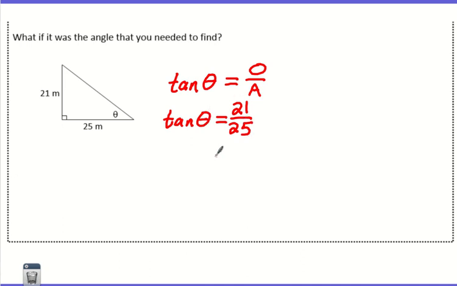What do we do? Well, we actually do the inverse tangent. The inverse tangent pretty much means you swap input and output.